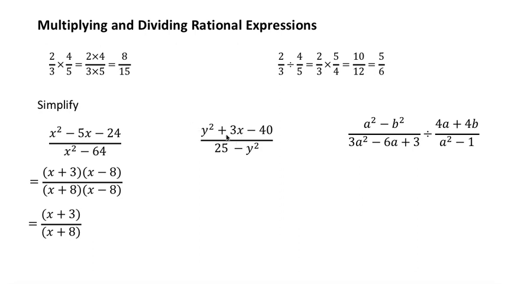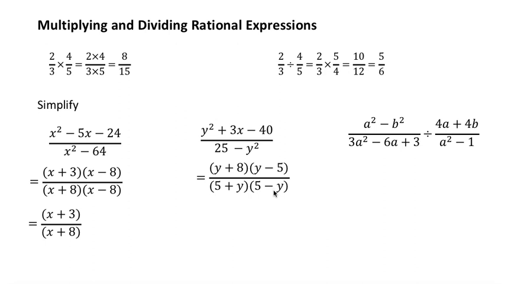Okay, same over here. Now this one's a little bit interesting. On the top we've got y plus 8, y minus 5. 8 times 5 is 40. 8 minus 5 is 3. And here, difference of two squares, so 5 plus y, 5 minus y. Now look at these two, y minus 5, 5 minus y.